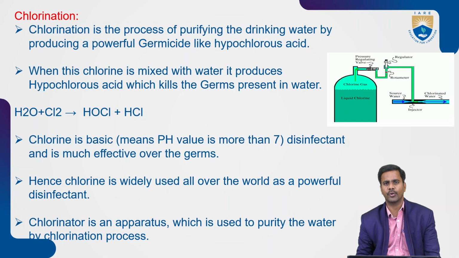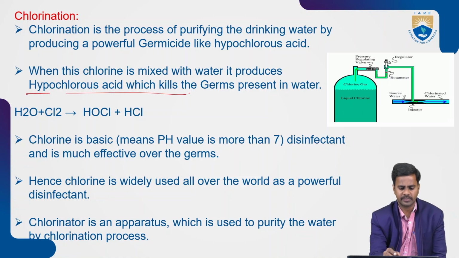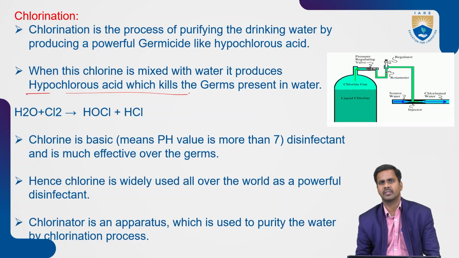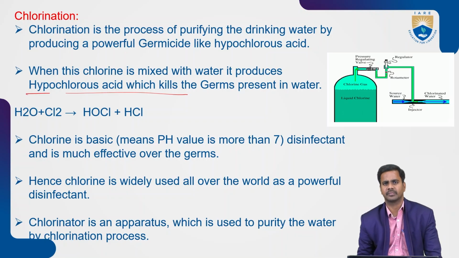Next one is chlorination. It is also a process of purification of drinking water by producing hypochlorous acid. When chlorine is mixed with water, it produces hypochlorous acid, which kills the germs present in water.